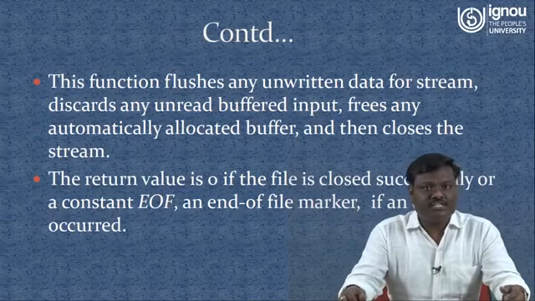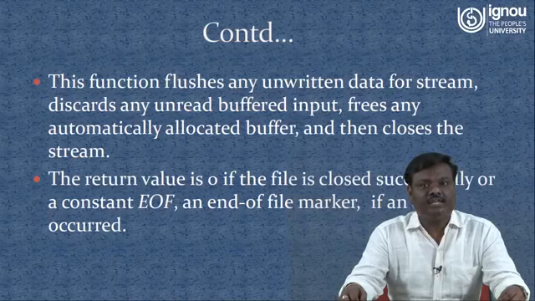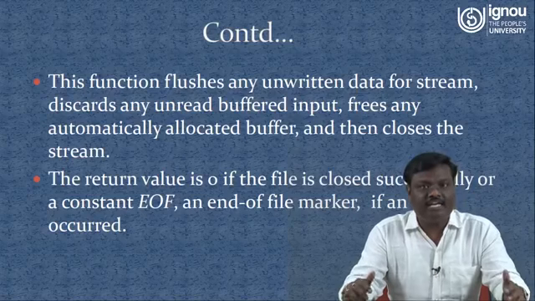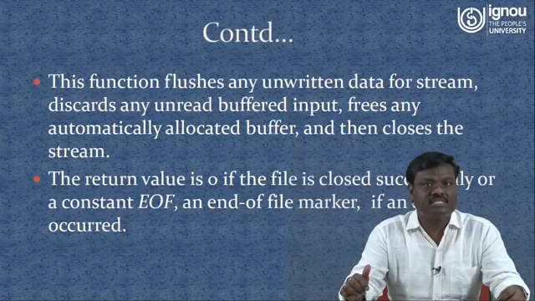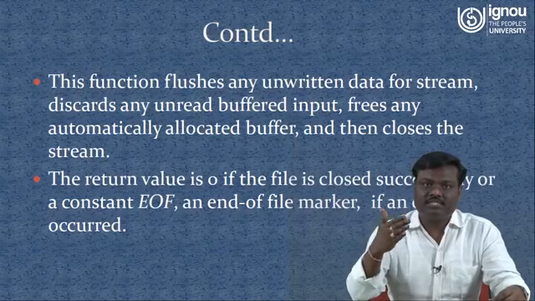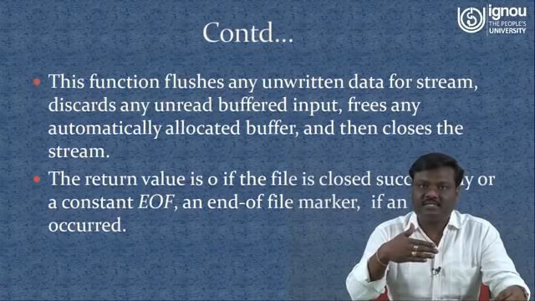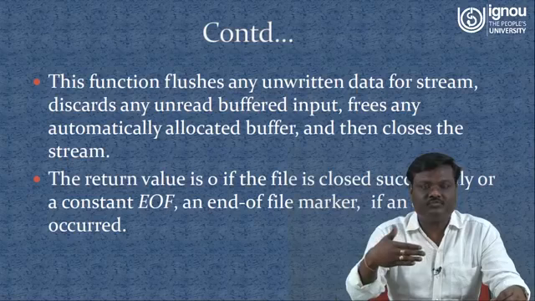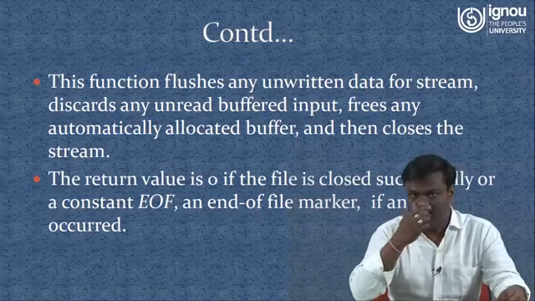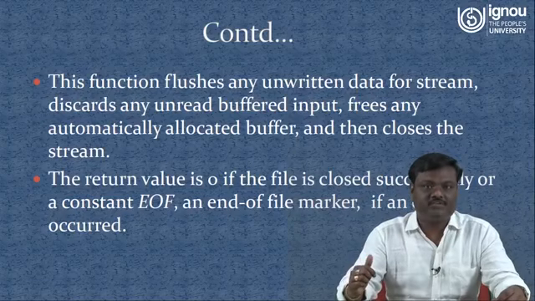This fclose function flushes any unwritten data for the stream, discards any unread buffered input, frees any automatically allocated buffer, and then closes the stream. So the streams, as we had seen, the standard input stream, standard output stream and standard error stream, all these streams will be freed and then closed along with the fclose statement.